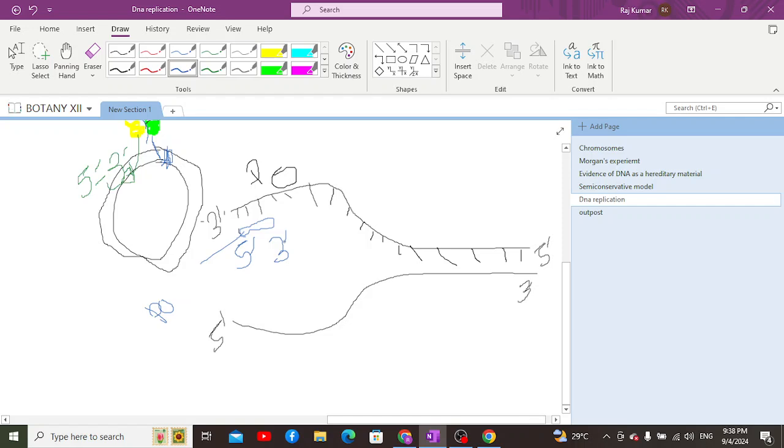It initiates the process of replication by giving direction to the DNA polymerase 3 to add nucleotides in a particular direction with the help of the primer, which is already present.